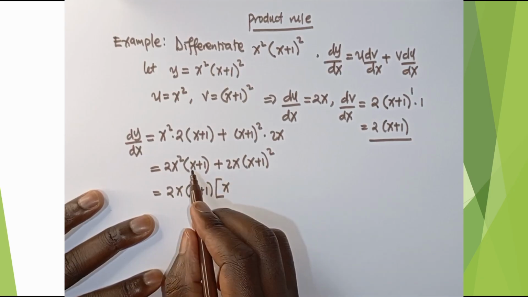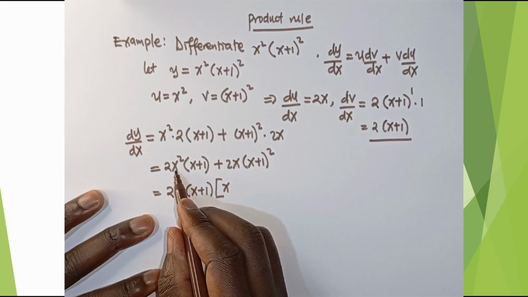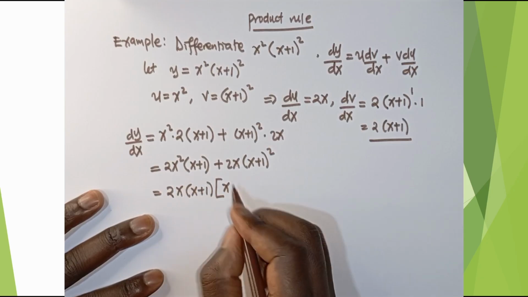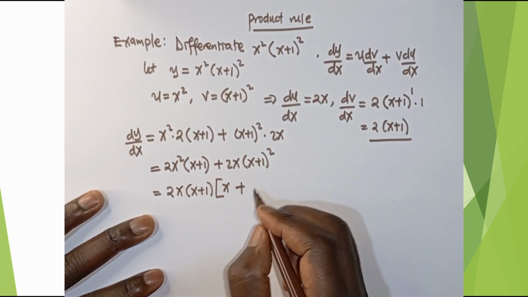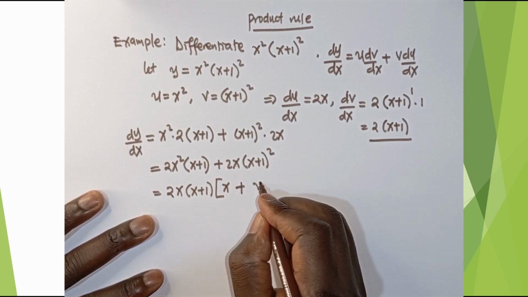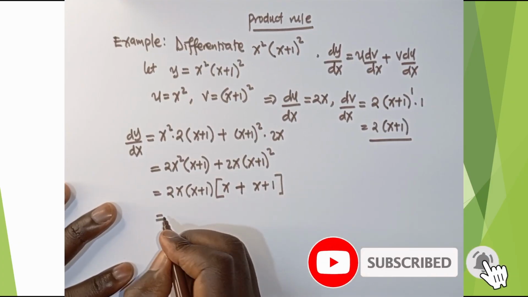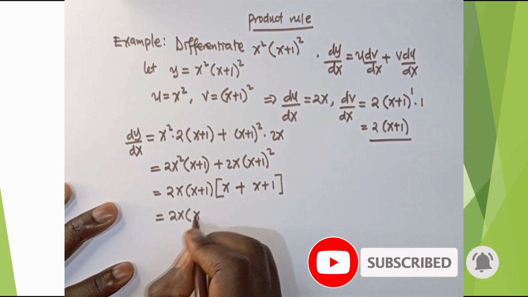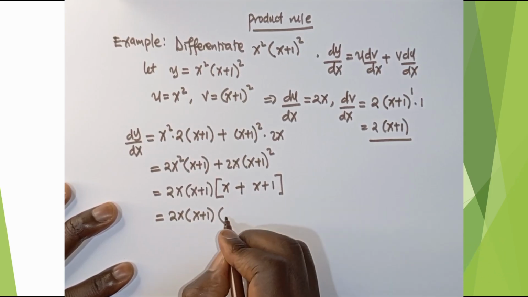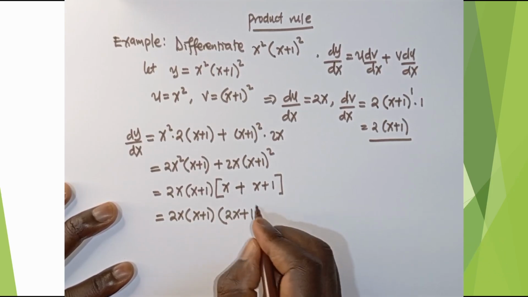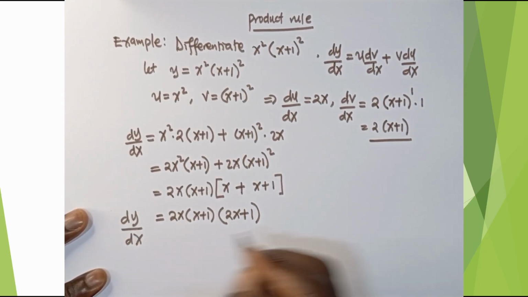And then here we are remaining with the x because 2 has moved out, and one of the x has moved out. So we remain with x plus, now what are you remaining with here? 2x is already out, one of the x's go, so we remain with x plus 1. So when we simplify this, we shall have 2x into x plus 1 into 2x plus 1, and this is our dy by dx.